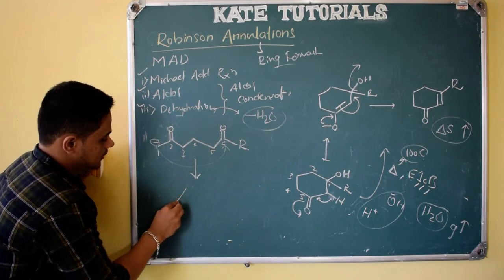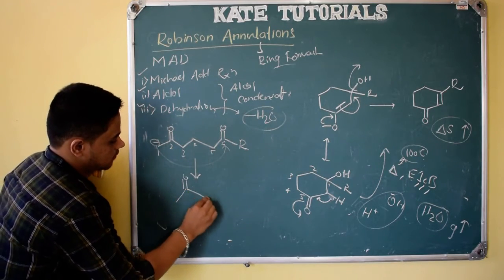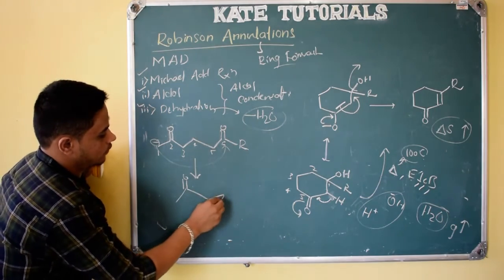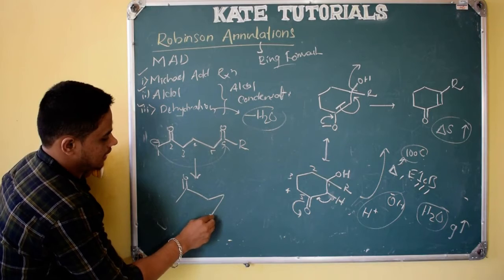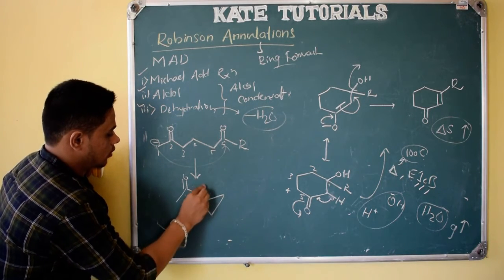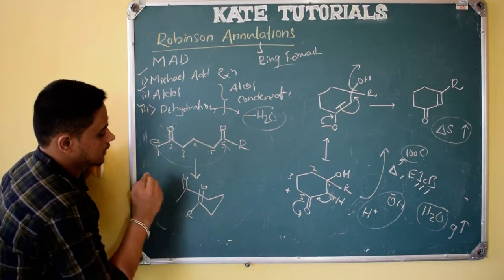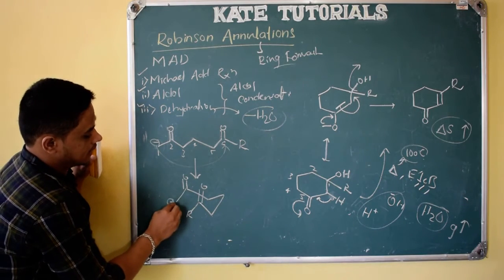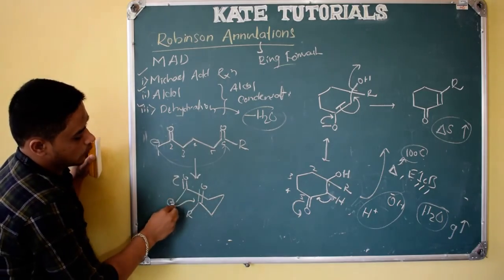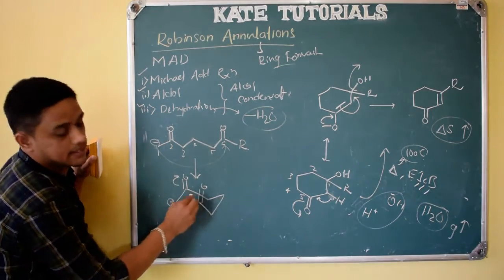See here, this is 2, 3, 4, 5 and 6 position, double bond, O, R, right? Here if the negative charge comes, it can easily attack and easily form a 6-membered ring: 1, 2, 3, 4, 5, 6, right?